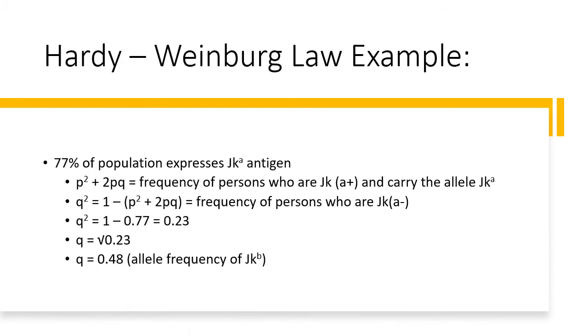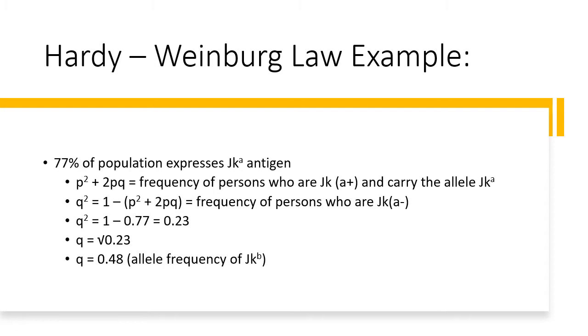So let's put some numbers to this. We started off by saying 77% of the population expresses the JK antigen. That's the first thing. So that means they're JKA positive. If we use the equation, P squared plus 2PQ equals the frequency of persons who are JKA positive, right?